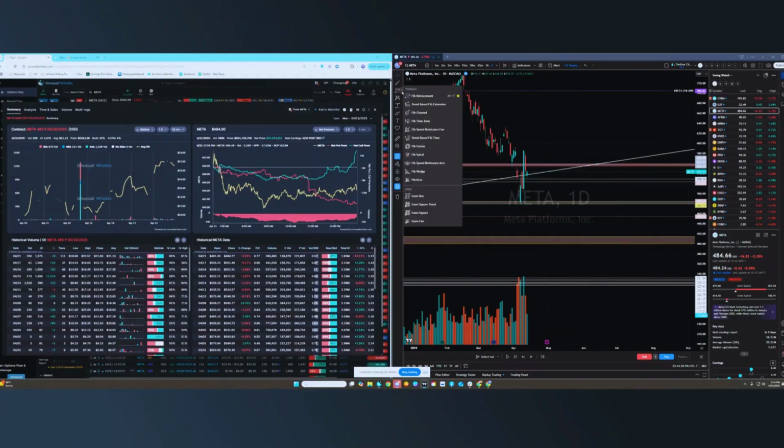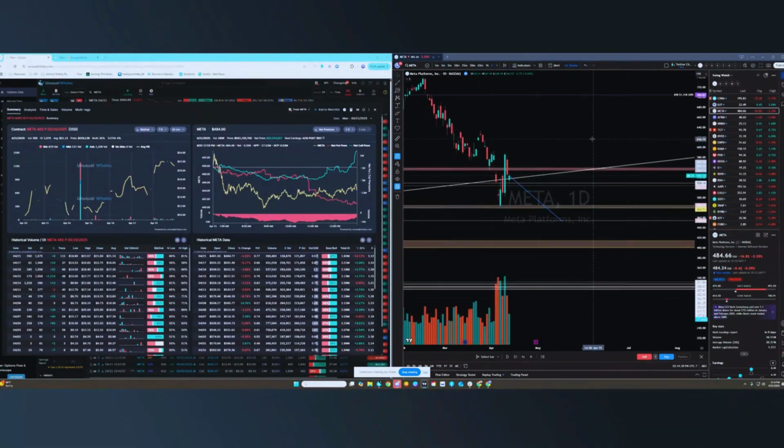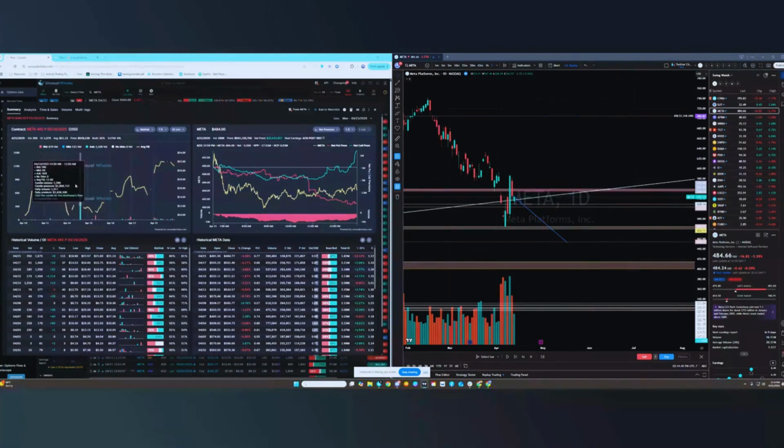This is one really cool thing just to help you visualize it. You can draw a line here. So 452.50 on May 16th. This is quite literally what you would want to see. So now that we have that trend line there, we know that unless they close this out, they will be in profit as long as Meta tracks below this line, outside of any external factors like VIX causing an IV pump or anything like that.